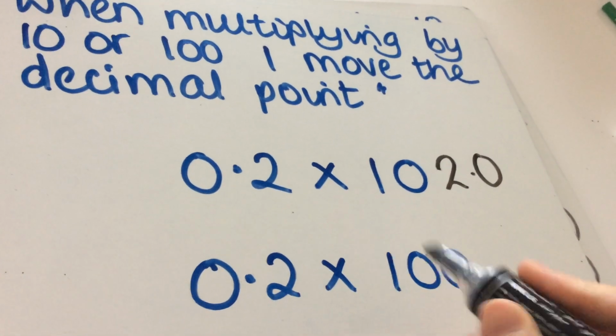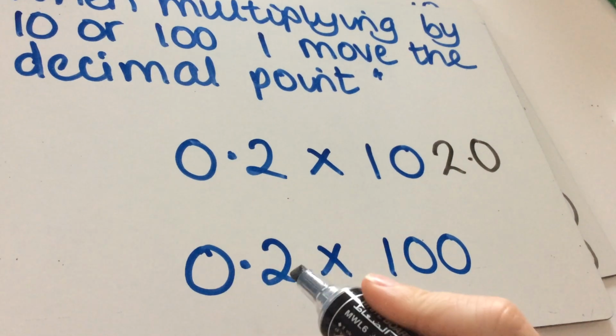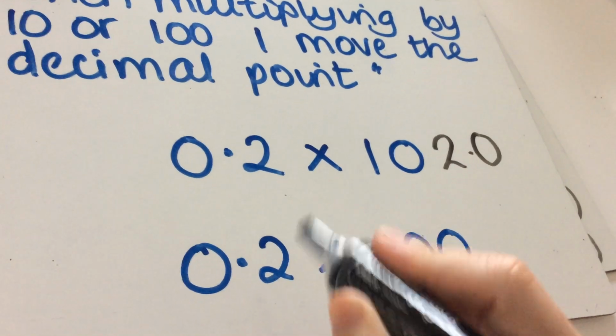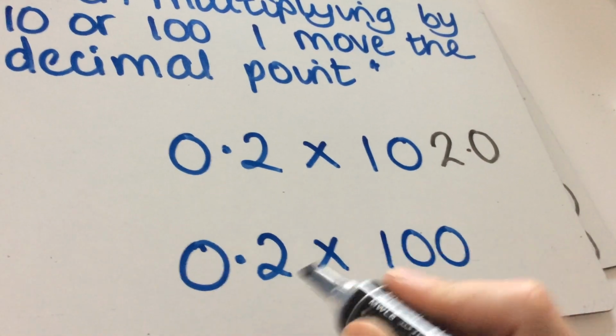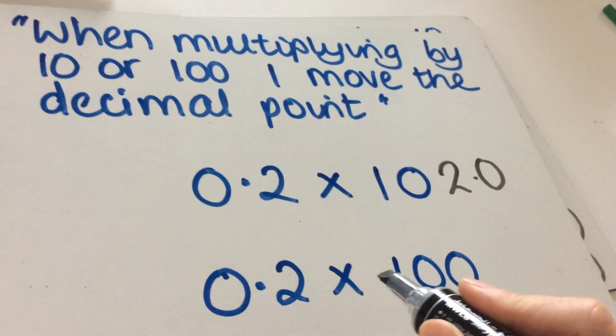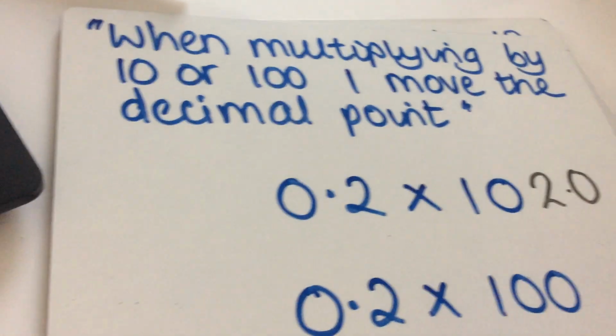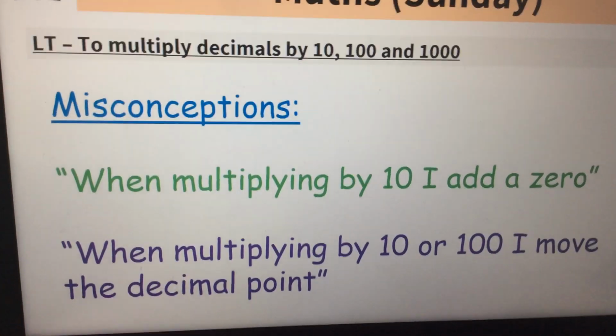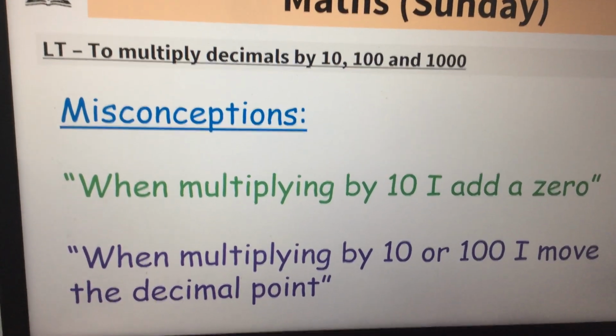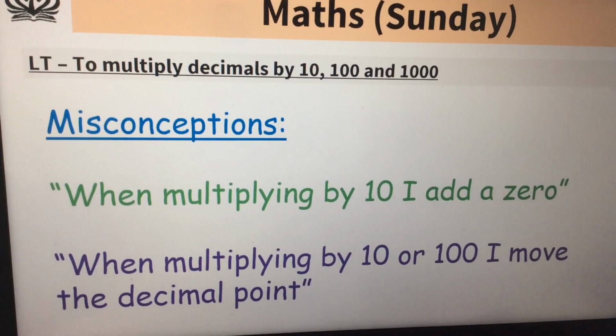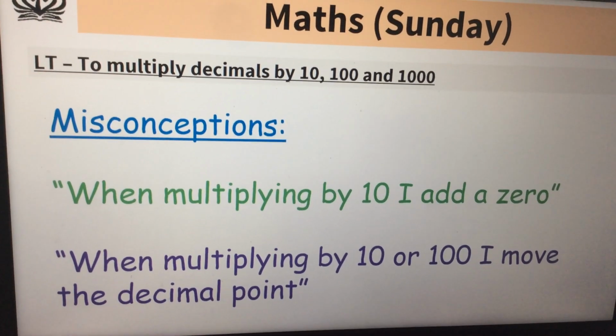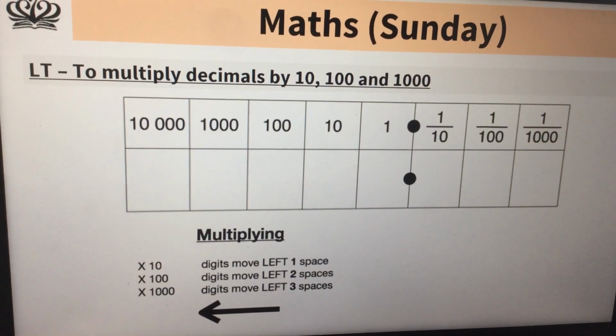But then if I'm moving the decimal point 2 places to the right on this one, I've run out of digits here, and that's going to make it really hard. So what we want to show you today, and the method which we want you to use, is moving away from these. We want you to be able to do this, but really show that you can understand what's happening with the digits when it happens.